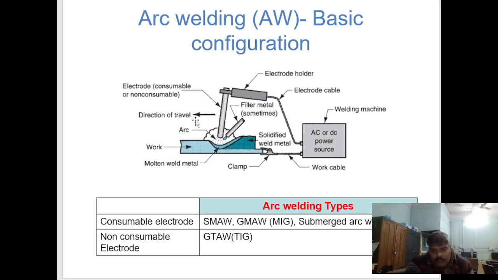Here on the workpiece, this is the clamp. In the welding machine, what will happen? In the welding machine, voltage will be around 50 to 60, 70 volt, and DC current will be supplied. Here a rectifier is attached.